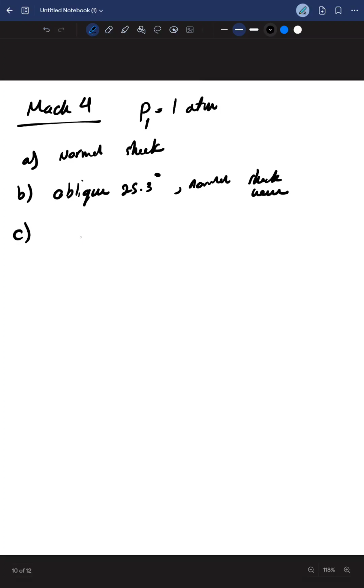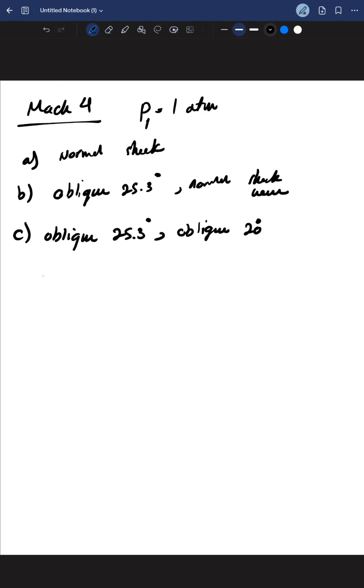And then the last one is 1 oblique shock wave with a deflection angle of 25.3 degrees, another oblique shock wave with a deflection angle of 20 degrees, and a normal shock wave.